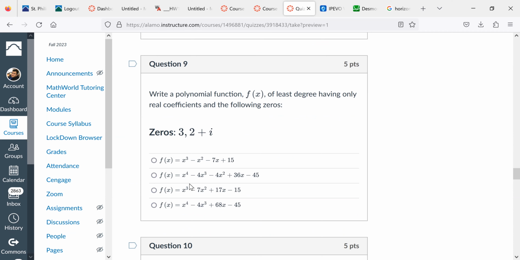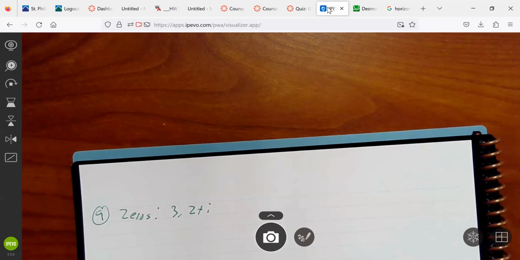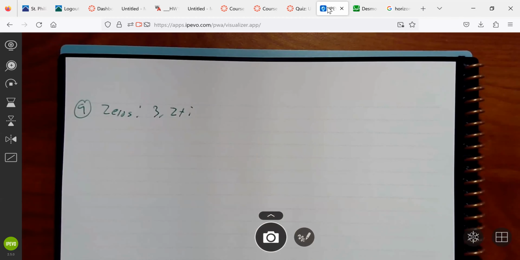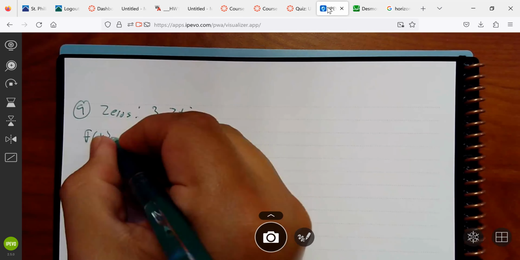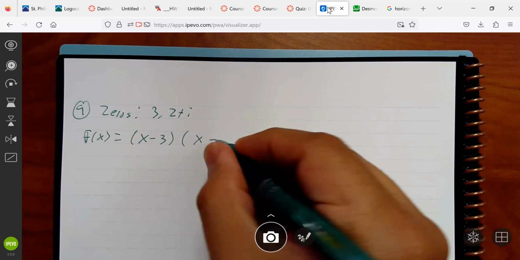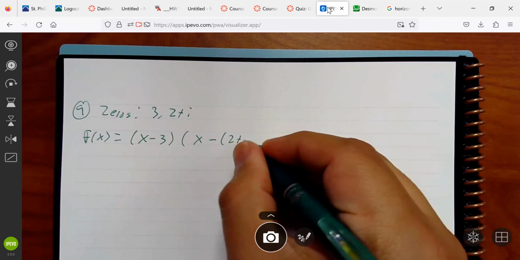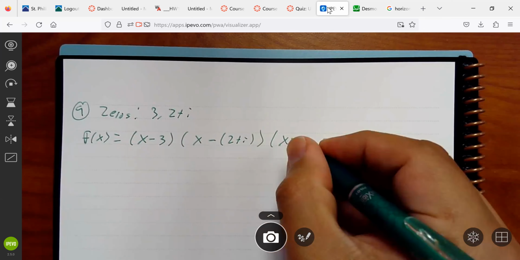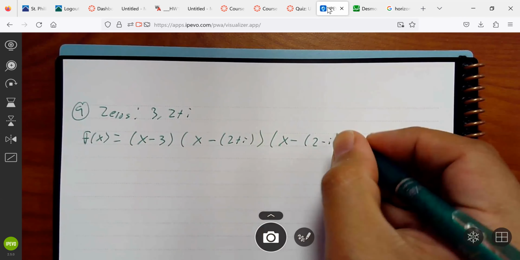Number 9. So if they give us zeros of 3 comma 2 plus i, we know that the imaginary part comes in pairs. So the function has to be x minus that 0 and x minus 2 plus i and x minus 2 minus i.